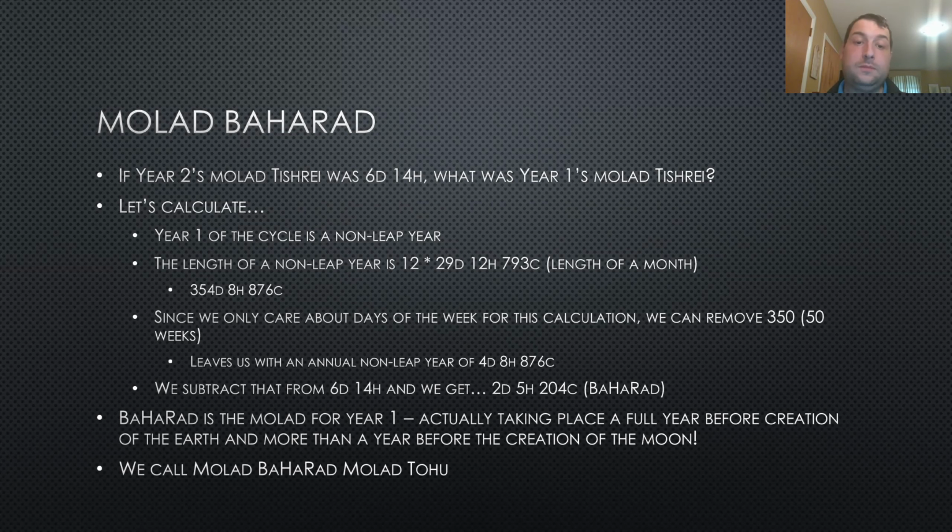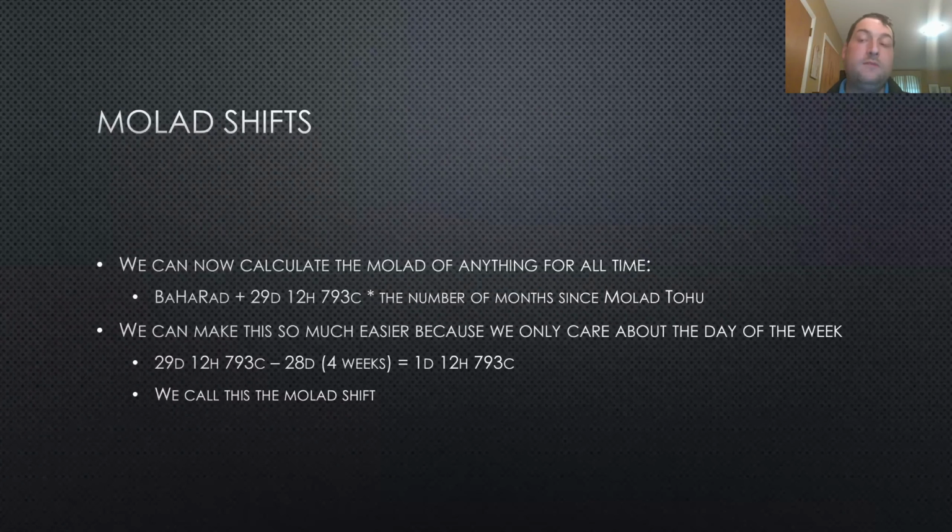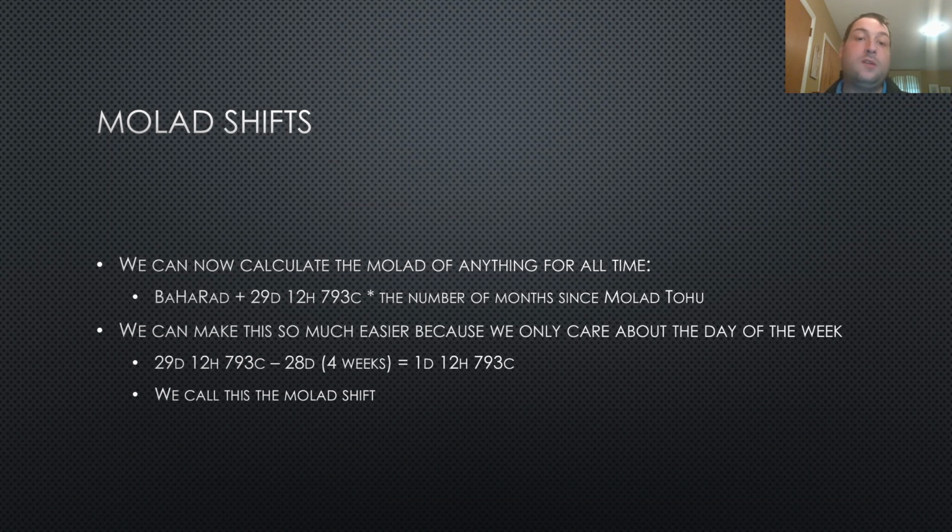And here's the deal. We now can use that molad of baharad to calculate any molad for any month forever. And that's what the rabbis do. So baharad plus 29 days, 12 hours, and 793 chalakim, which is a month, will give us any molad forever if we know the number of months that have happened.